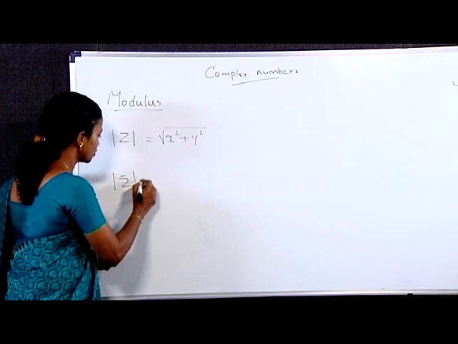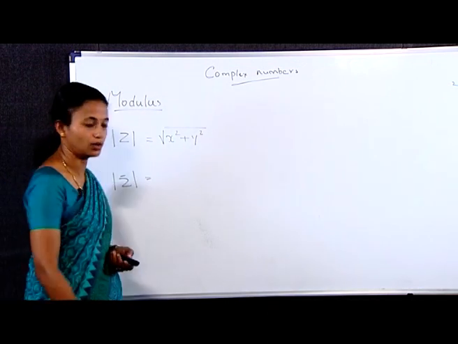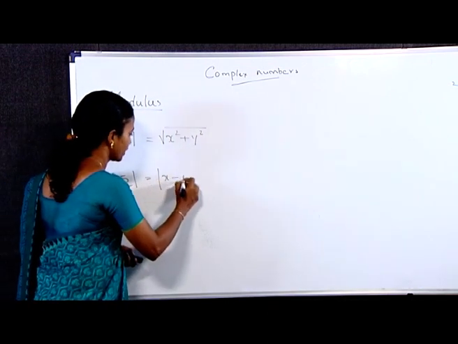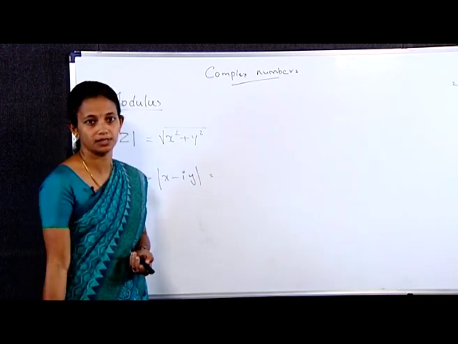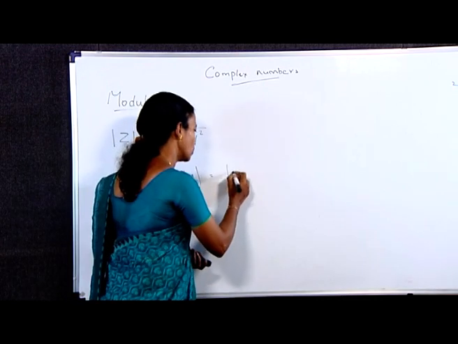Modulus of z conjugate, or z bar, is equal to modulus of x - iy, which is again square root of x square plus y square, which is equal to mod z.